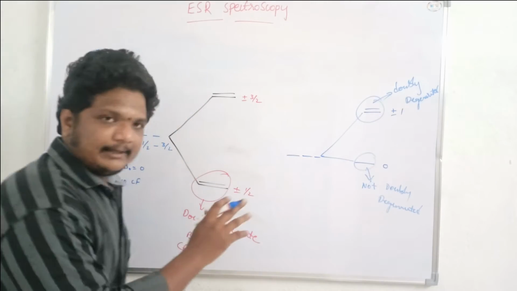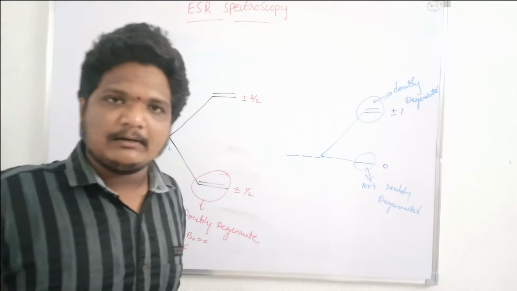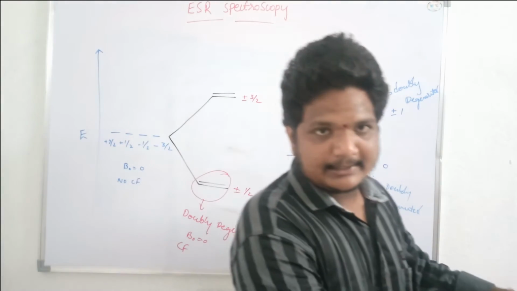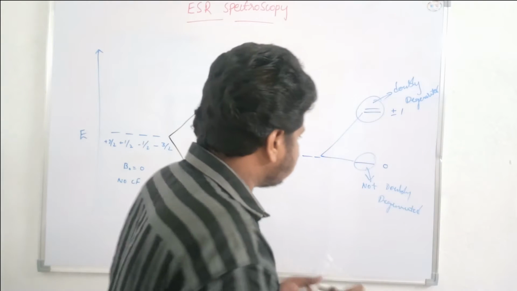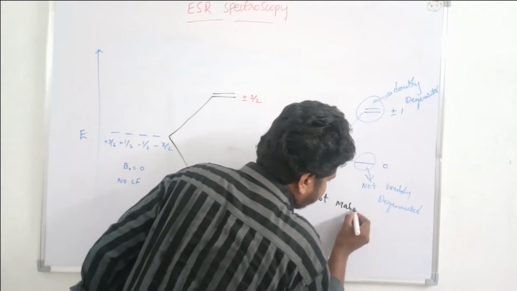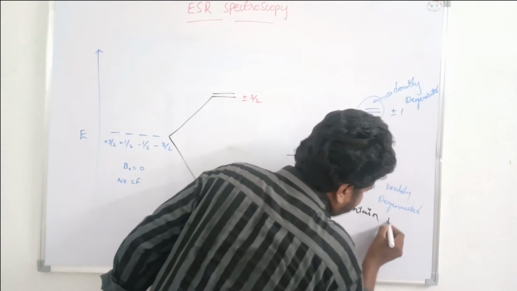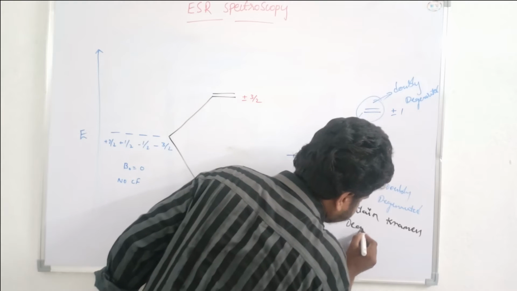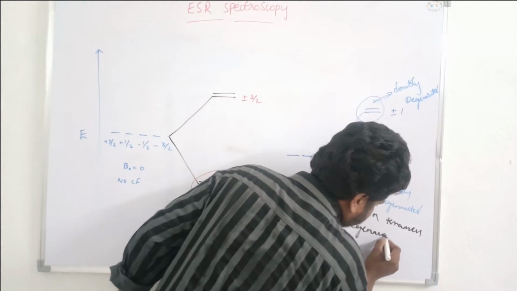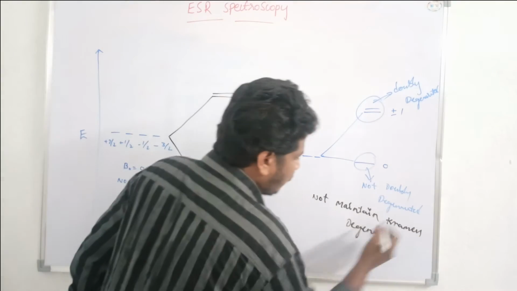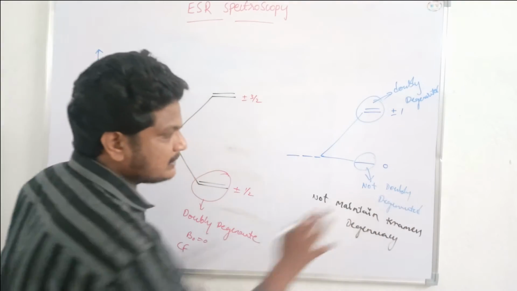So in the d2 system, not all the energy levels are doubly degenerate, and it cannot maintain Kramers degeneracy. It means it is lost.